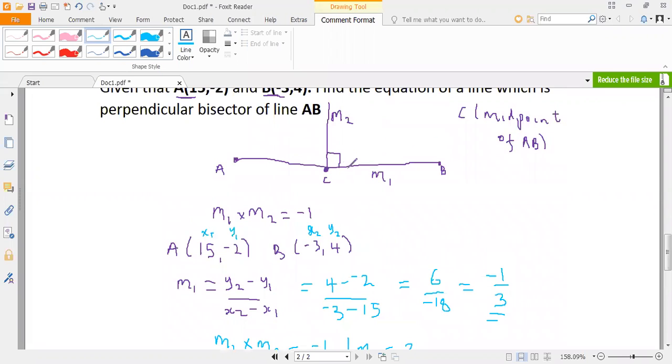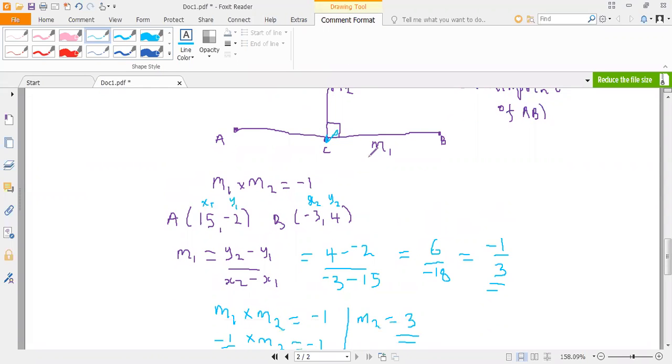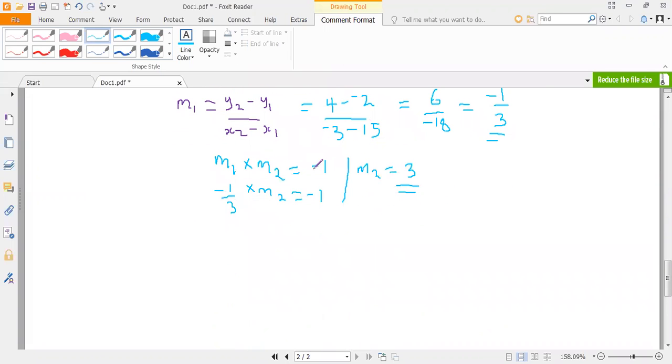Okay, if we go back a little bit, we can see that the perpendicular bisector passes through the point C, which is the midpoint of the line AB. So we are also tasked to find the midpoint of AB, call it C. The midpoint of any line passing through any 2 points is given by adding the x values, dividing by 2 for the x coordinate, and then also adding the y values, dividing by 2 for the y coordinate.